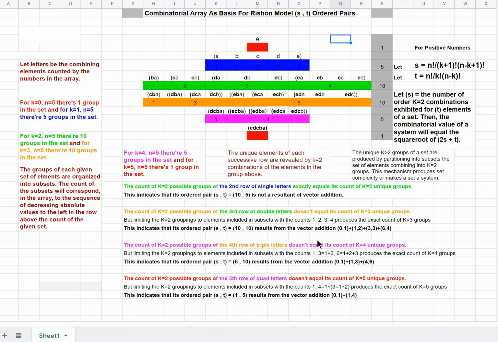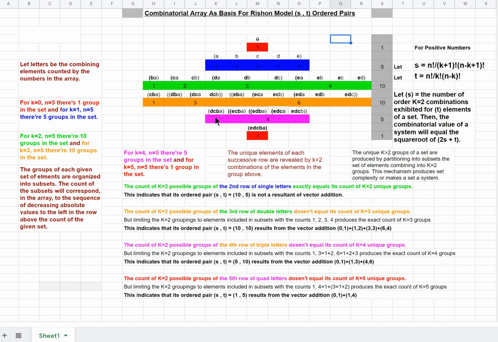Those subgroups then produce 3 ordered pairs, having the values 0 for S and 1 for T, 1 for S and 3 for T, 4 for S and 6 for T, which when the S values are added up, we have 0 plus 1 plus 4, which equals 5 of the next order of k equal 4 groups.